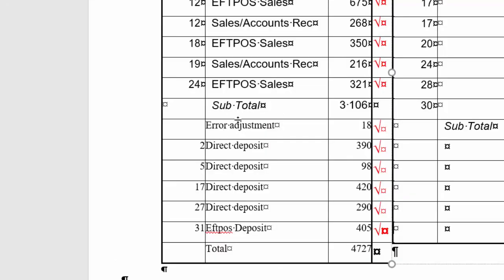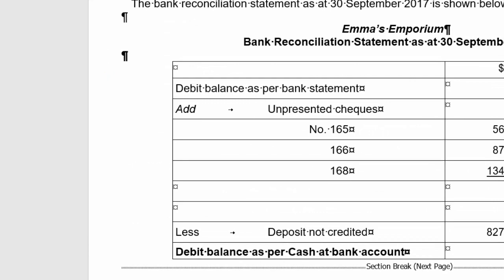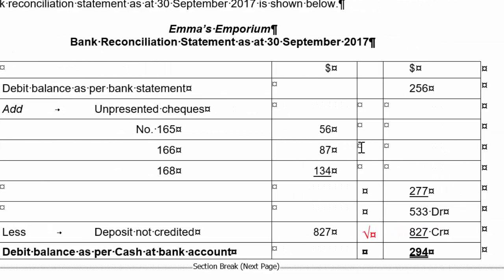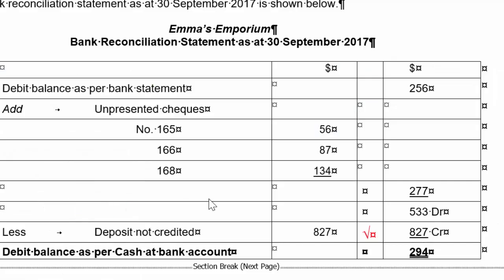So I'm going to go back to the previous bank reconciliation statement and look for whether any of these old checks have been presented. The first I'm looking for is $165.50 for $56. That got presented there, so I'm going to tick it there and go back here. So that one's been presented.